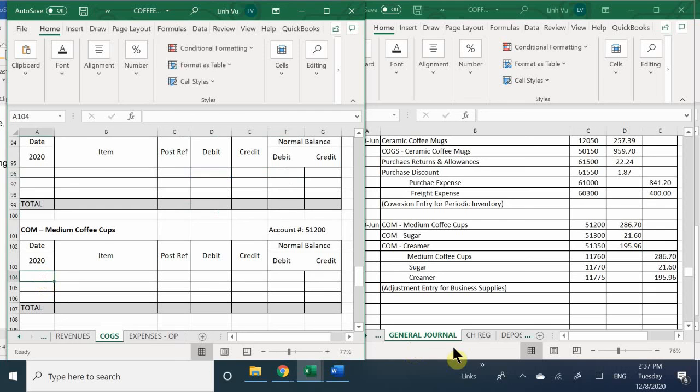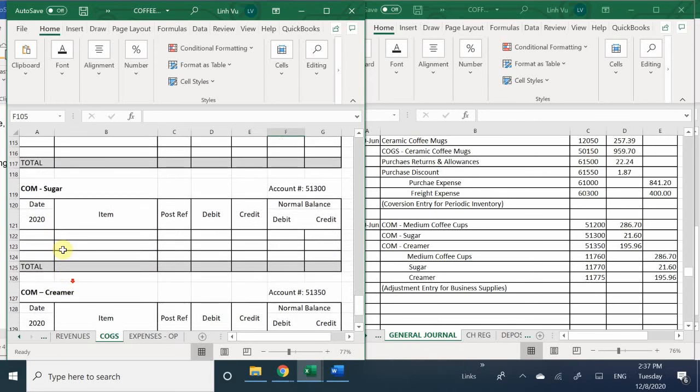So cost of materials. All right. So an adjustment.